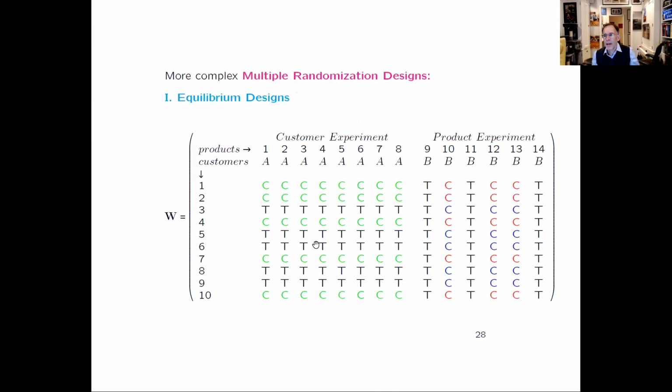Okay, let me then finish up with 2 comments about even more complex experiments that fit within this class. One set of experimental designs we've been looking at is what we refer to as equilibrium designs.